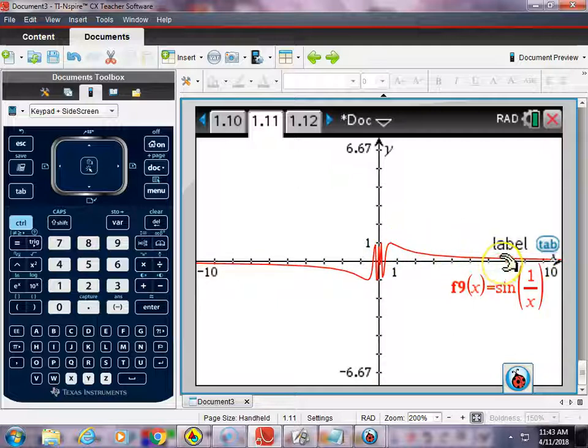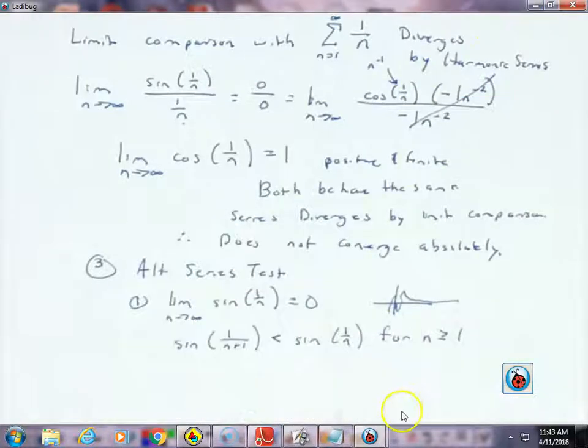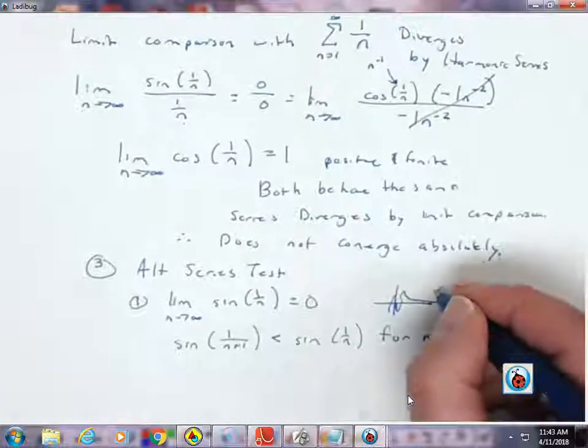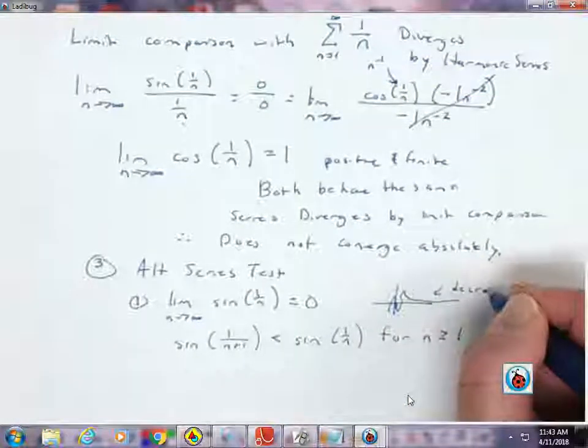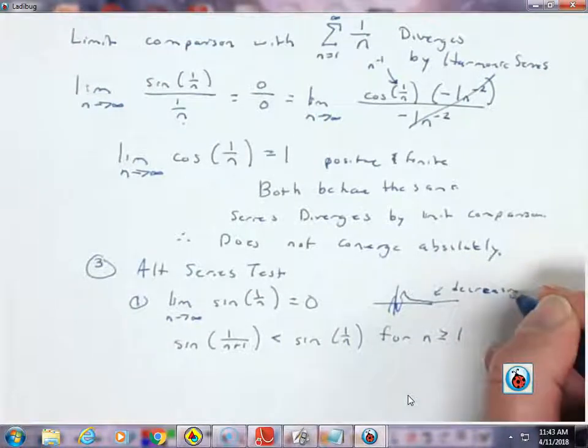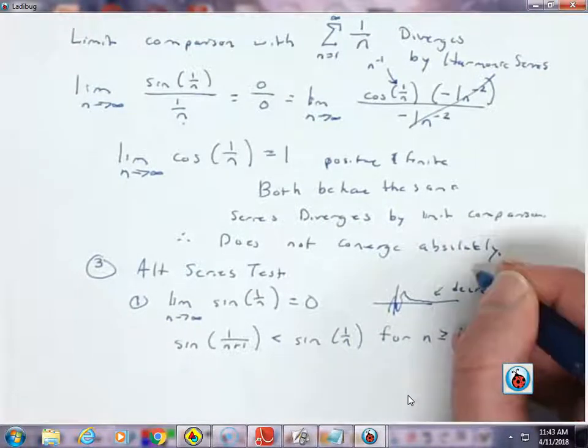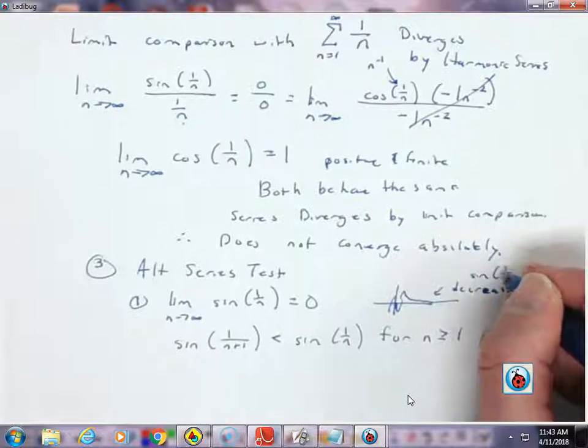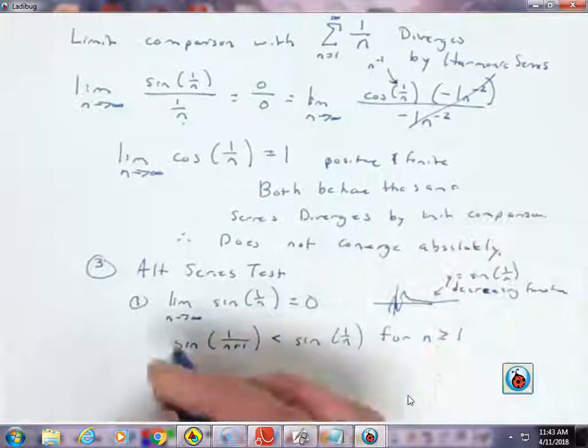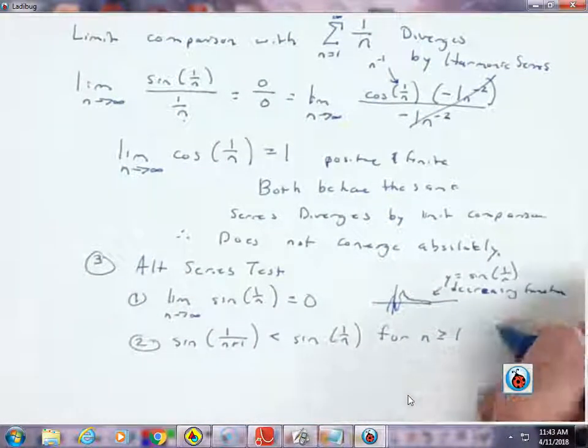It is decreasing. You might even do a little sketch on your paper, showing it goes crazy in the middle, but then it's decreasing. So this is a decreasing function, which is the other thing that we have to show. So I'm showing it there.